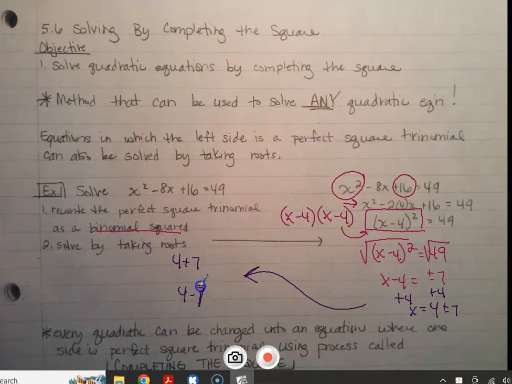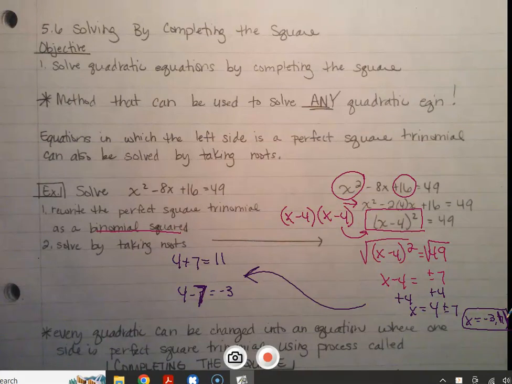Okay, so the 4 plus 7 is the 11, and the 4 minus 7 is -3. So our x equals -3 or 11, and it can be either one of those.